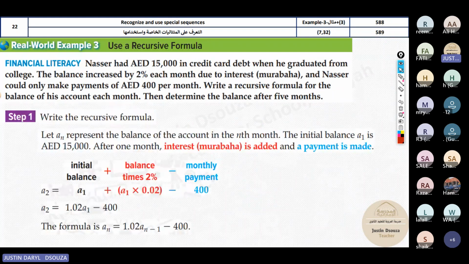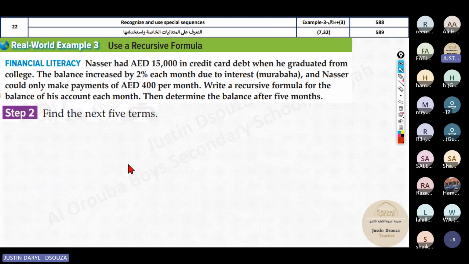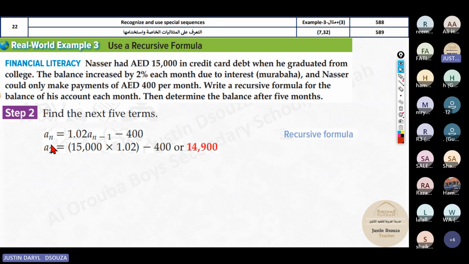Then this is the recursive formula, the same method, only the values will differ, guys. So other problems, you must do it by yourselves. So this is the same thing. Next thing is finding the next terms. How do you find the next terms? All you need to do is, this is AN, right? After first month, that is A2, it'll be 14,900.